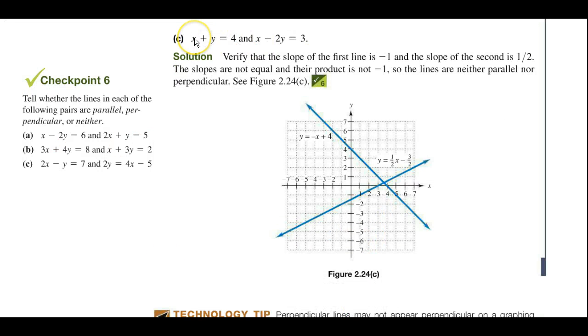Now in letter C, as you solve for y, you'll see the slopes are not the same. One's not the negative reciprocal of the other, so this would be a neither. Now they do intersect, but it's not at right angles.